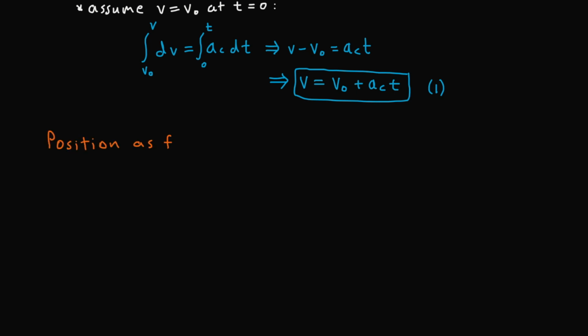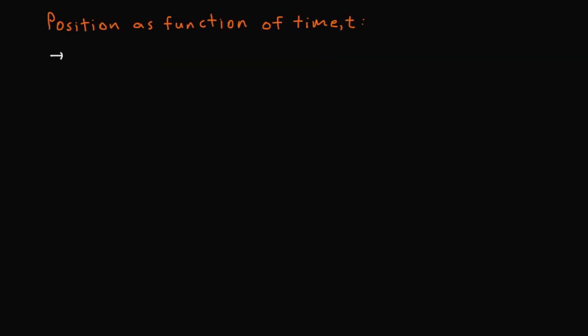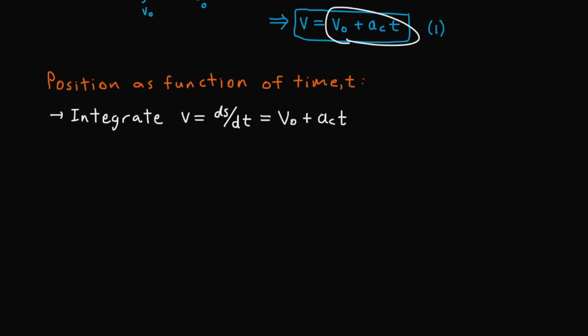Next, we can also express position as a function of time for constant acceleration, following the same procedure as we did for velocity. In order to find position, we want to integrate velocity, which is ds over dt, and we just found that velocity v is equal to v naught plus ac times t, right from this expression above.